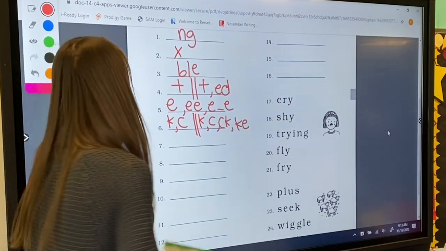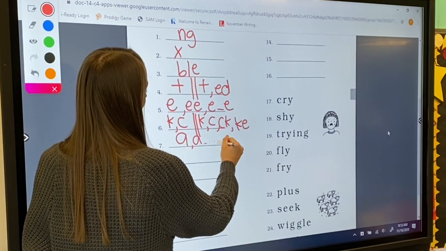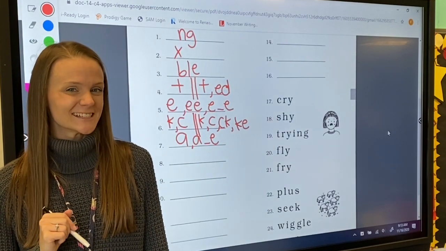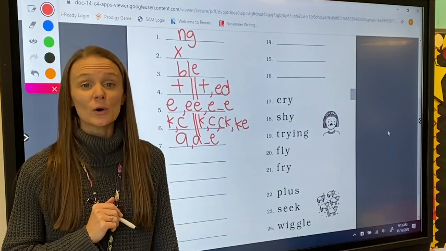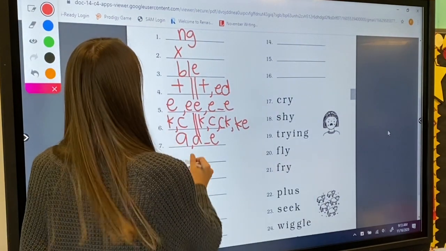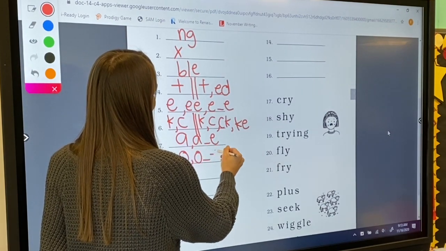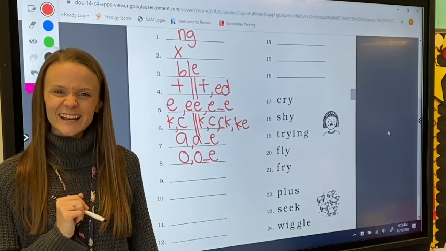Excellent! For number 7, my letter sound is A. Letter A can make the A sound, and A, consonant, sneaky E can make the A sound. For number 8, my letter sound is O. Letter O can make the O sound, and O, consonant, sneaky E can make the O sound. Very good.